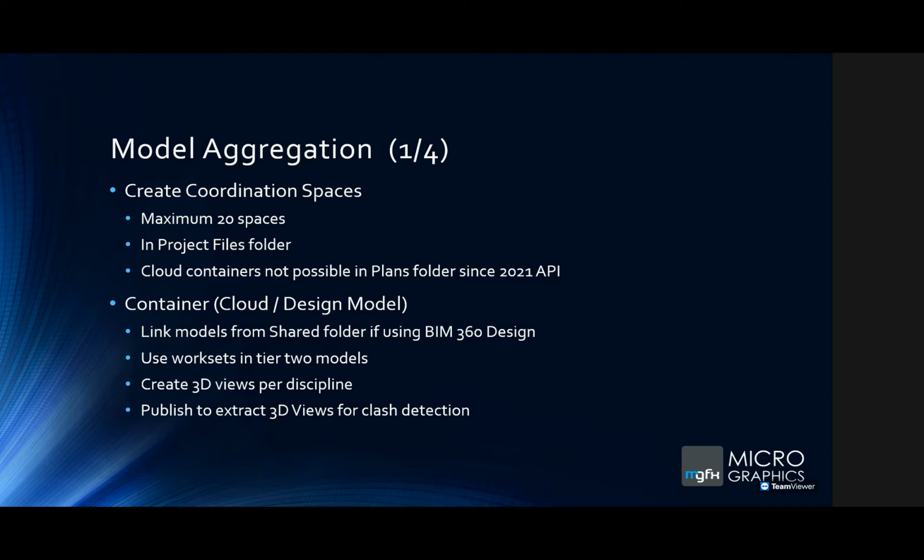And what it means is that one can no longer save a Revit cloud or design model into the plans folder in BIM 360. We'll see that in a moment. But you can now save it into the project files folder. So just note that change.